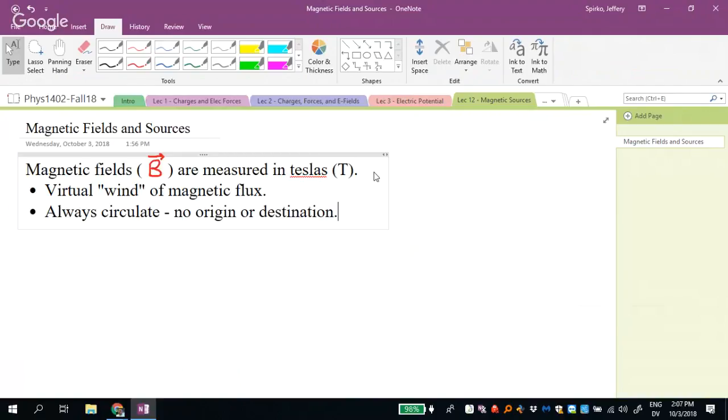And electric fields point toward negative charges, so you could think of negative charges as a destination of electric fields. But magnetic fields always circulate. There is no origin or destination. They always form loops. If you follow the magnetic field arrow and then see where the next magnetic field arrow goes and then the next magnetic field arrow from there, eventually you'll find yourself back where you started.